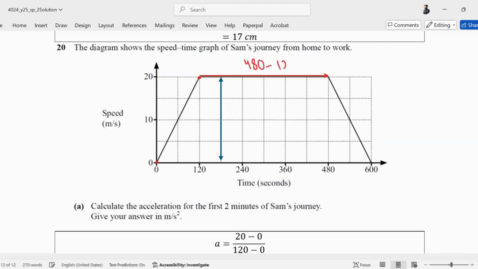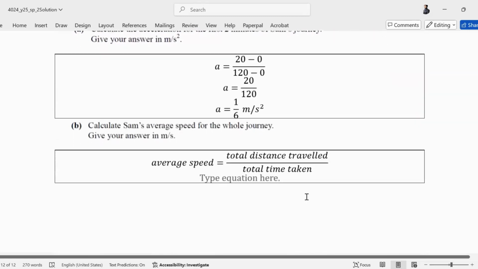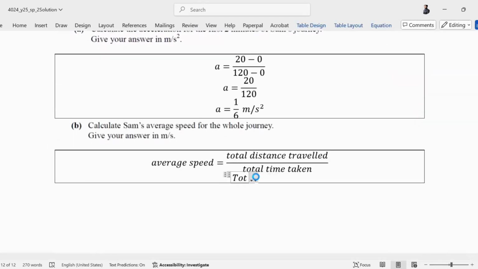This will give me one parallel side, 360, and the other parallel side is this, which is 600. Height is 20. You could have also split it into rectangles and triangles and added the areas. So in order to find the total distance, I'm using the trapezium.